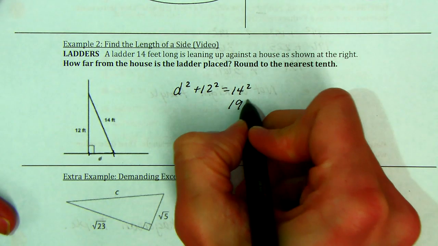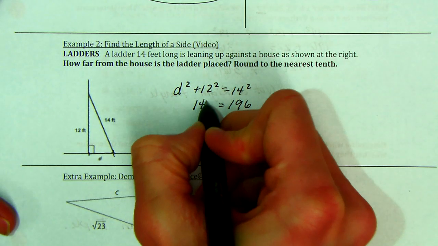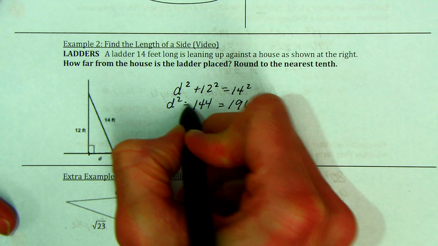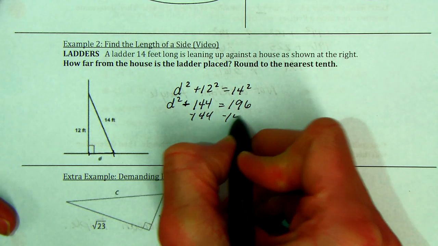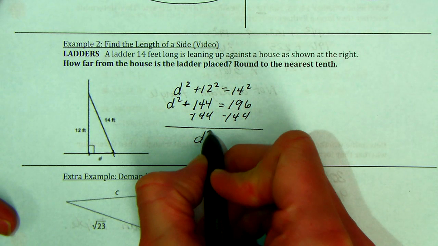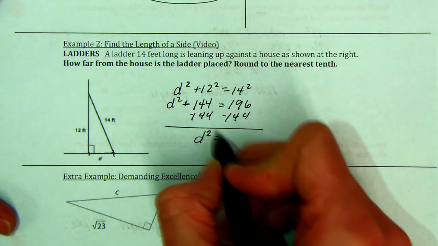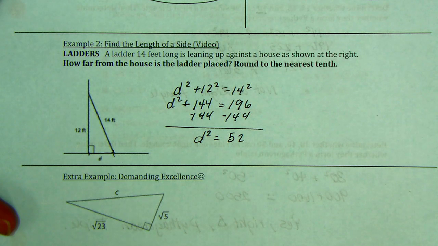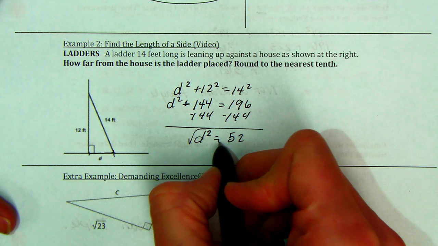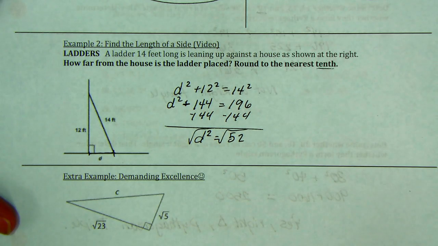Oops, plus, so we subtract the 144, and d squared equals 52, right? 196 minus 144. 52 is not a perfect square. It says round to the nearest tenth, so 1 decimal place. So take the square root of 52, and we're going to get approximately 7.2 feet.